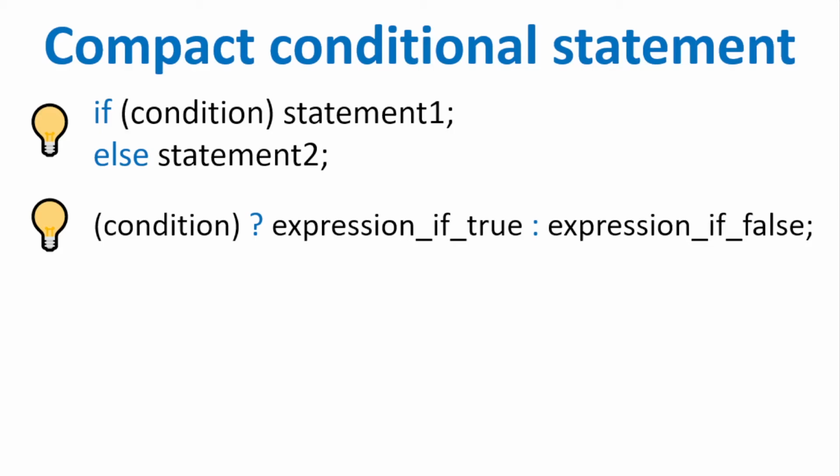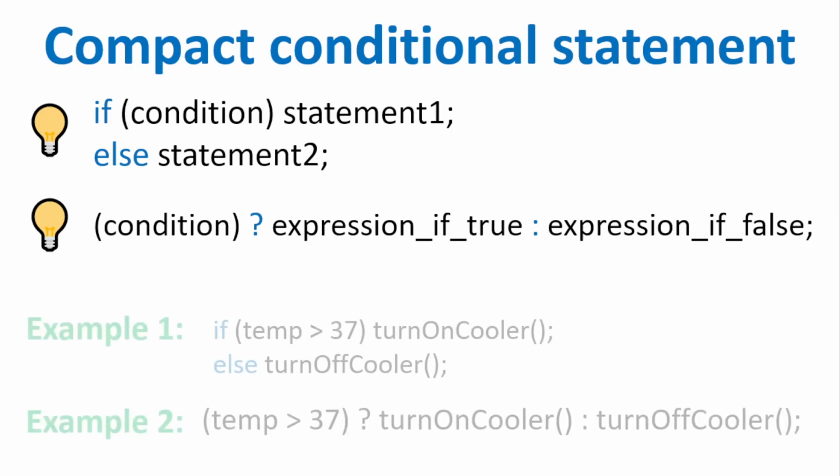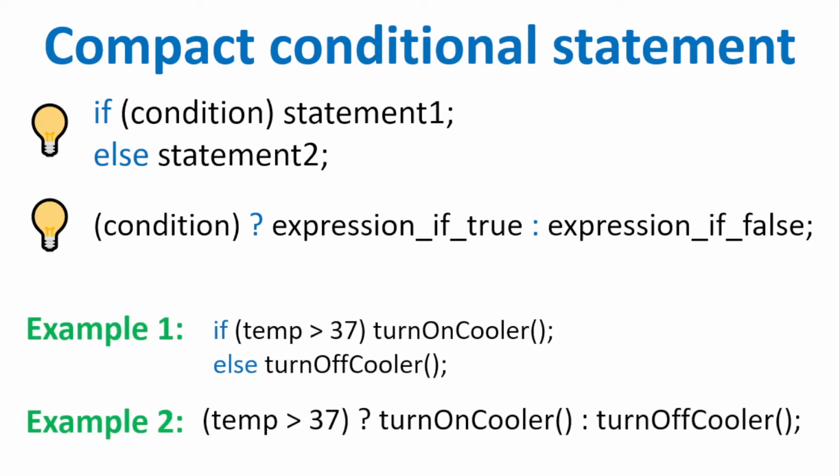Then add a colon symbol, and finally the expression to execute if the condition is false. Let's see two examples. As you can see, the ternary operator lets you write the same logic in a much more compact and cleaner way.